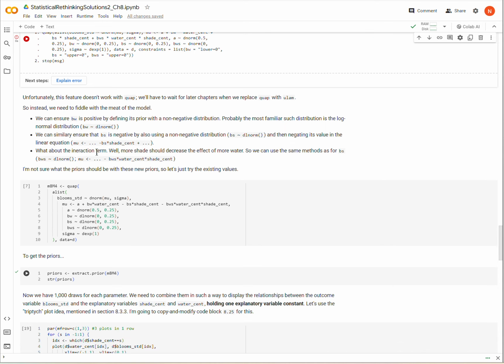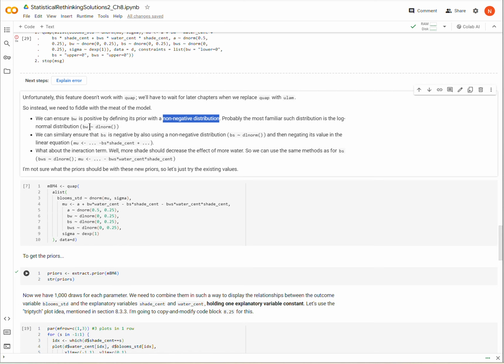So remember, we want bW to be positive, and one way we can do that is to just use a non-negative distribution, a distribution that cannot entertain negative values. Okay, and probably the one that we're most likely to be familiar with is a log-normal distribution, which is just the log of a normal distribution.